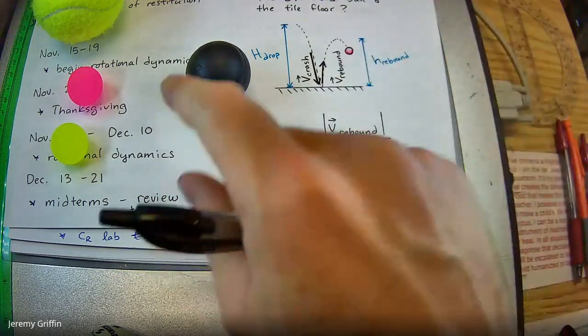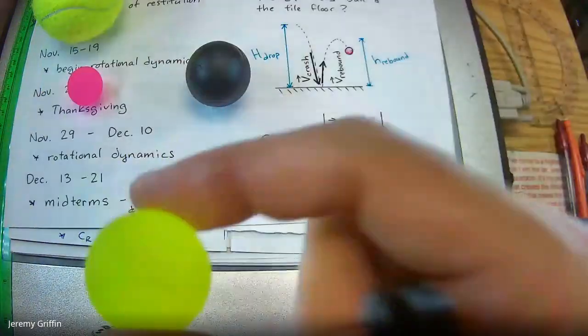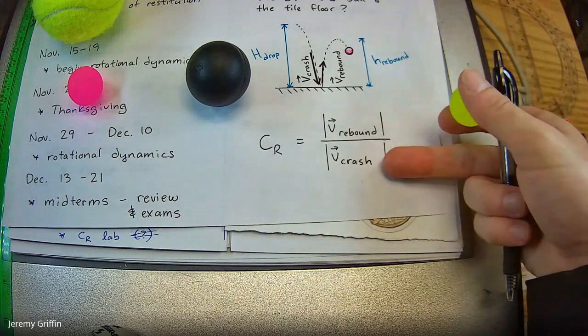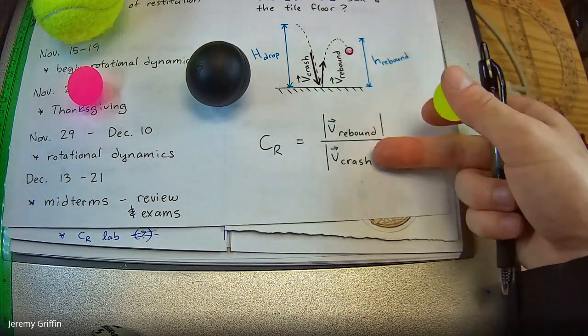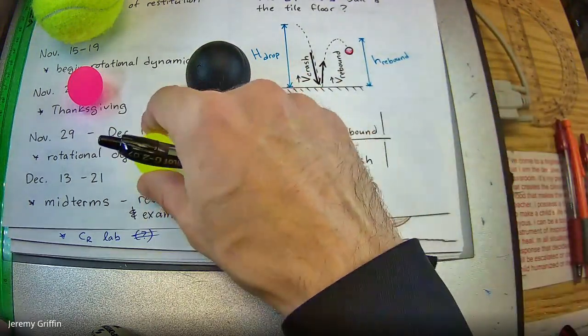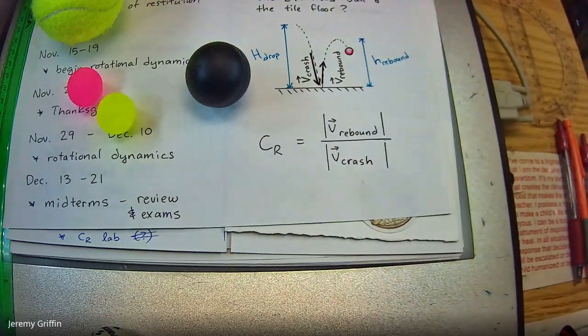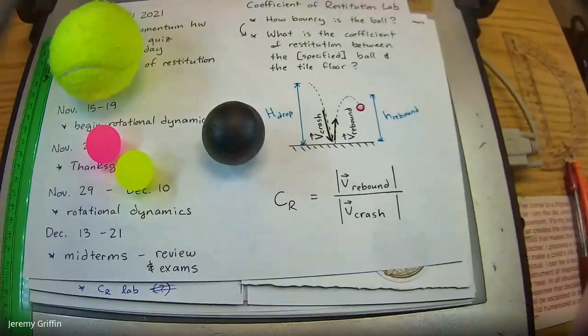What's the maximum that this coefficient of restitution could be? Maybe the rebound speed could approach the crash speed, so this could approach 1, going up to 1. That's just a reminder of some boundary conditions on that. So just complete that quarter page with your teammates, pop that in the grade tray for the end of class, and that's all we got.